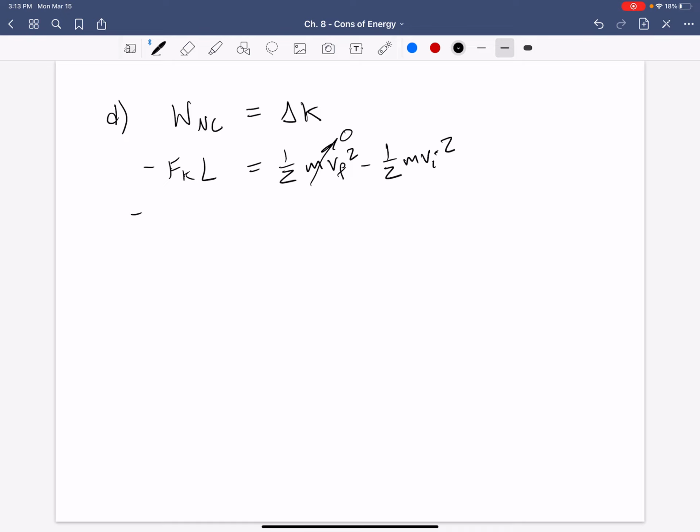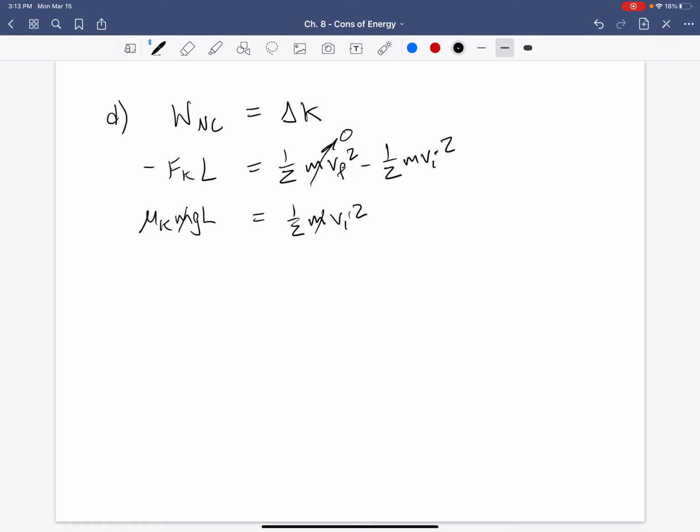Rewriting this again, I guess the negatives cancel, don't they? We have the coefficient k times mg L equals 1/2 mass times initial speed squared. Masses cancel again.